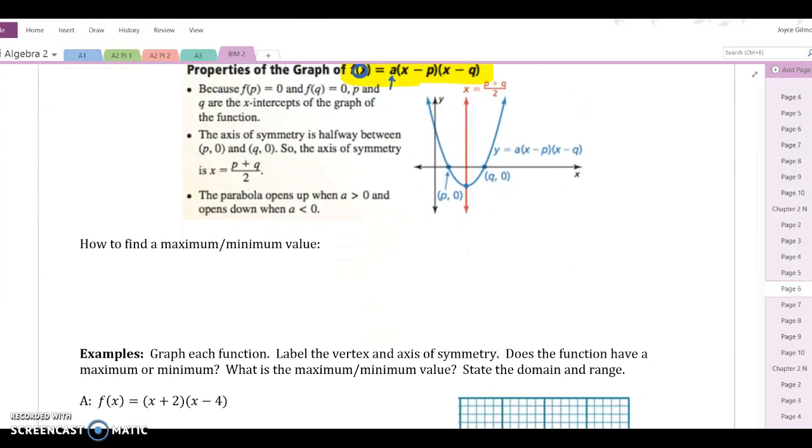Then, how to find the maximum or minimum value. The axis of symmetry is exactly halfway between the x-intercepts.